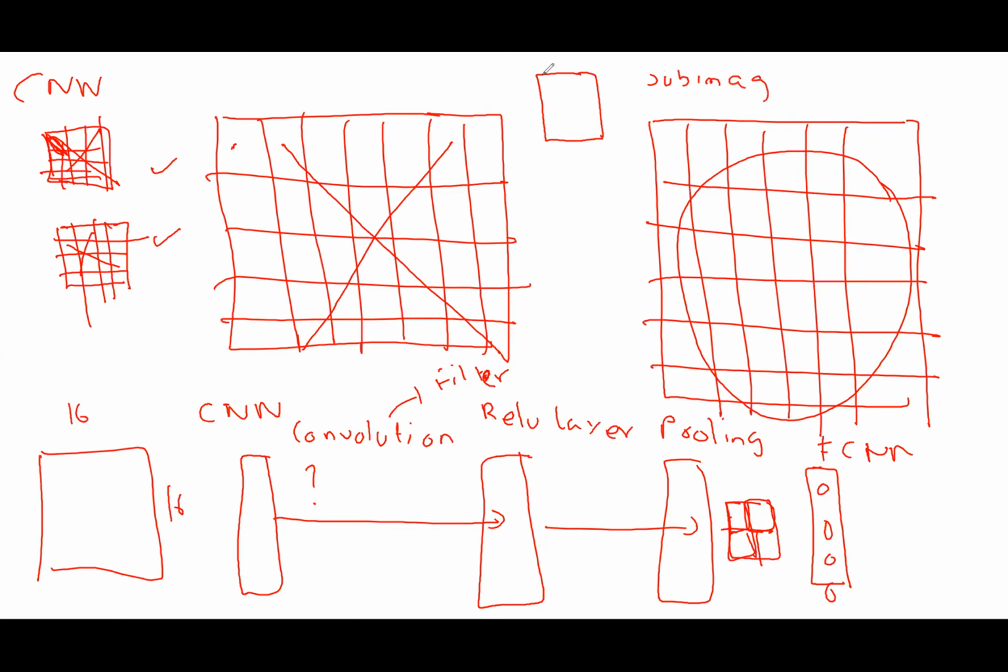So this particular filter only learns one section of the image. Let's say it is 4 by 4, which only covers this. And there is another such filter which only learns a smaller cross in 4 by 4.